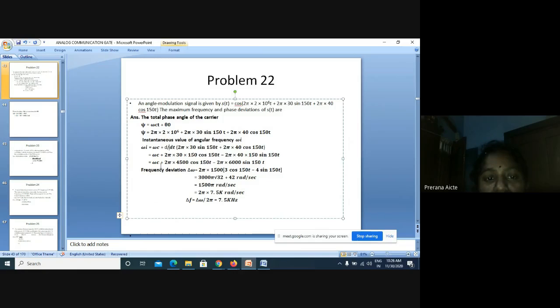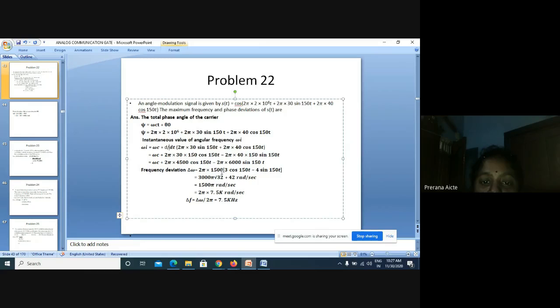This equals omega c plus 2 pi into 4500 cos of 150t minus 2 pi into 6000 sine of 150t. So your frequency deviation del omega will be equal to 2 pi into 1500 into, we can write the above expression.